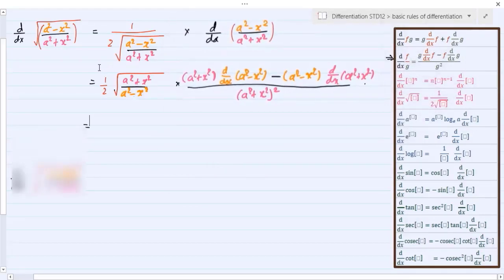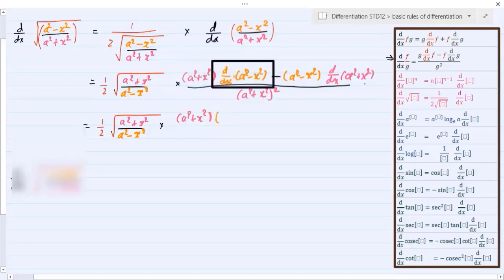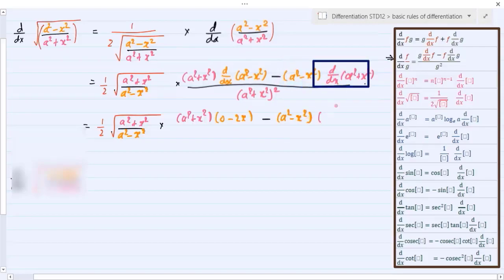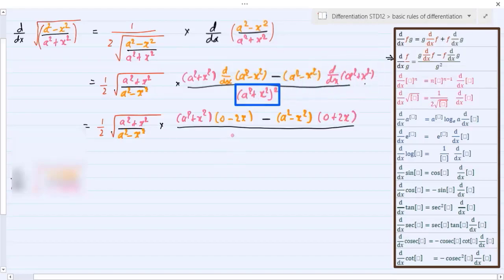Now your first term will be as it is into, now simplify this term, your a square plus x square will be as it is, differentiation of a square minus x square, differentiation of a square will be 0 minus 2x, minus your a square minus x square will be as it is, differentiation of a square plus x square will be 0 plus 2x, whole divided by a square plus x square, the whole square will be as it is.